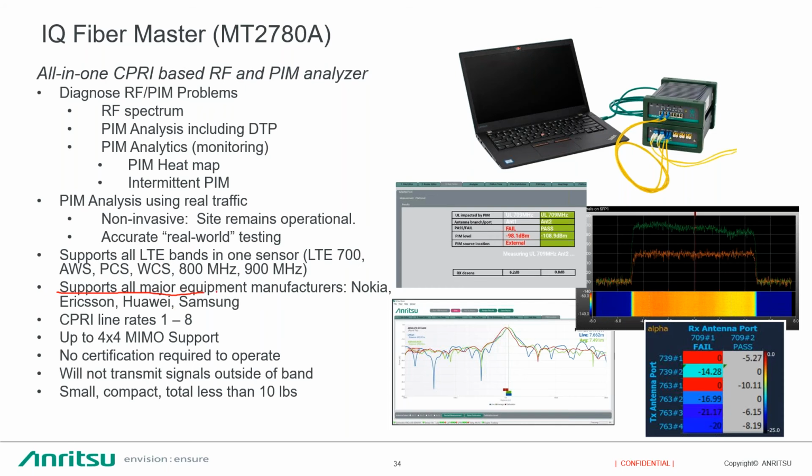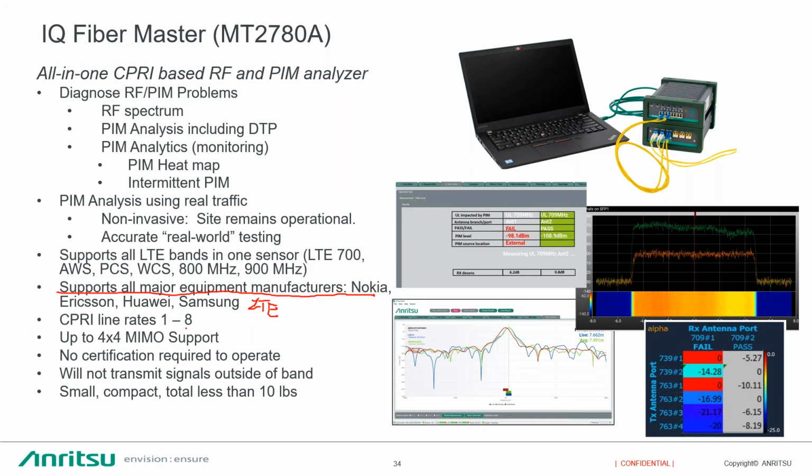We support all of the major equipment manufacturers: Nokia, Ericsson, Huawei, Samsung. I think that covers North America. Maybe ZTE, which, let me know if you use ZTE in your network. I can check on this for you. So a couple of extra things that I didn't get into. CPRI operates, as you probably know, on different line rates.